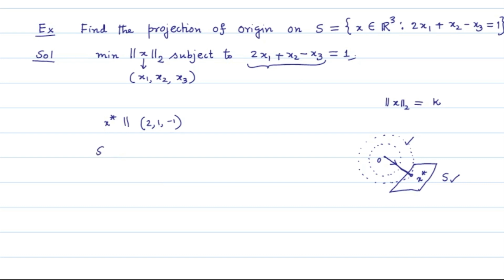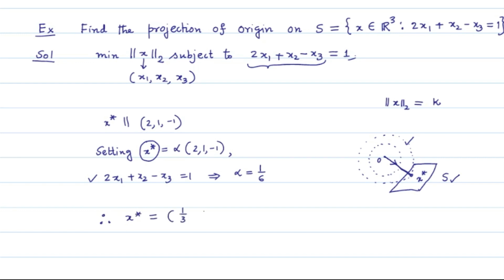Now setting X star equal to alpha times 2, 1, minus 1, the equation of the plane 2x1 plus x2 minus x3 is equal to 1 gives us alpha equal to 1/6, since this x star is a point in this plane, and hence x star is equal to 1/3, 1/6 and minus 1/6.